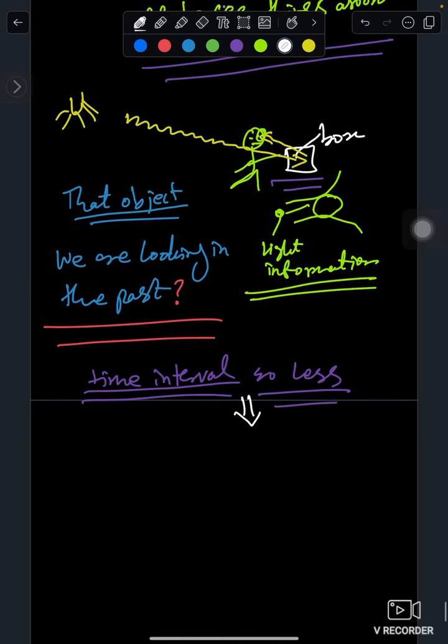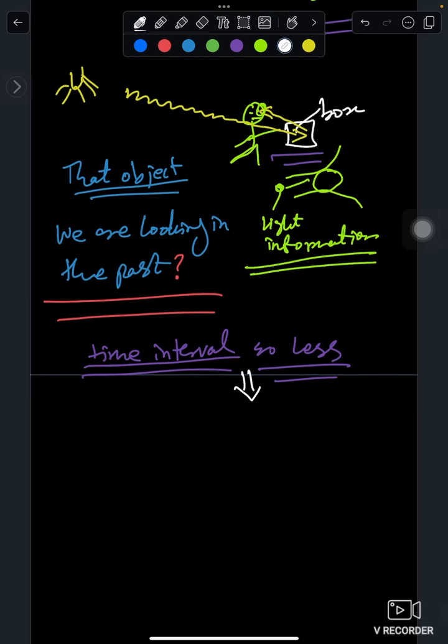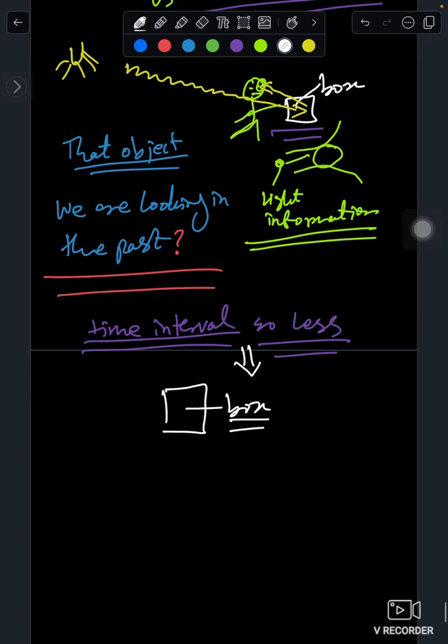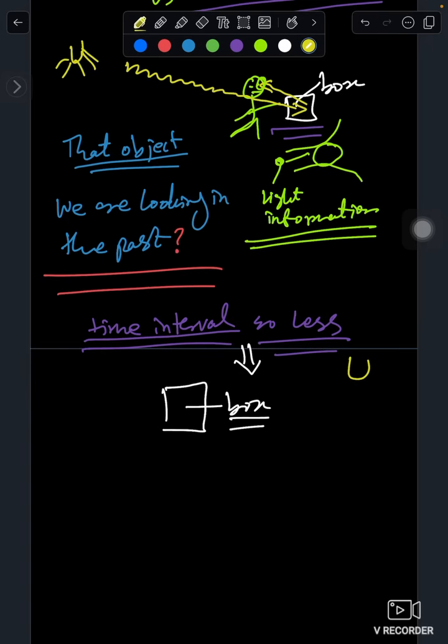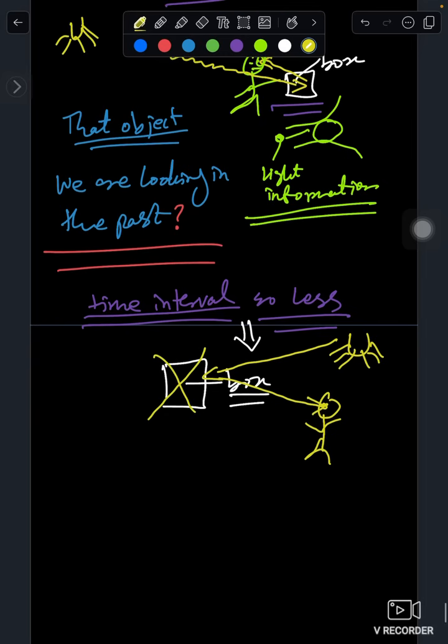What I'm talking about is that we don't see this box until the light from the bulb hits this object and then comes and hits my eyes. Till that time, this box doesn't even exist for me, right?